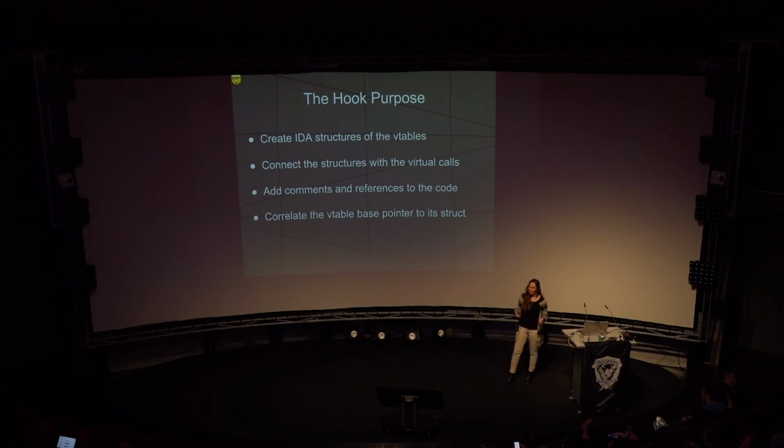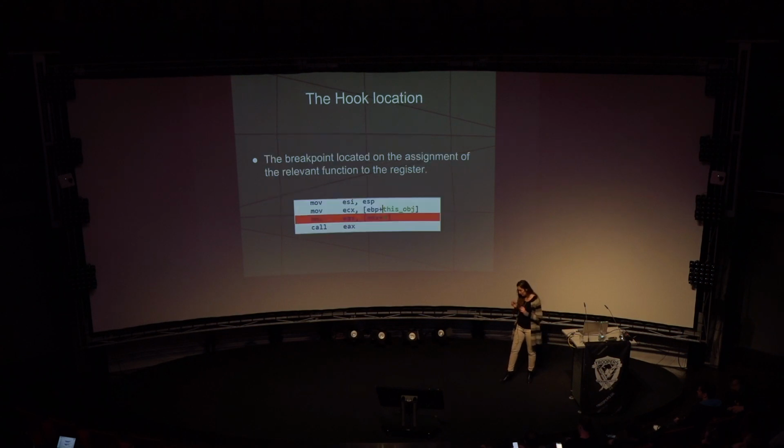As I mentioned a few times, I want to create the IDA structures of the Vtables. I want to connect the structures with the virtual calls in the assembly, and I also want to add comments both to the structure and the assembly. The last thing you want to do is to correlate the Vtable pointer with the struct. I'm going to show exactly what I mean in the future.